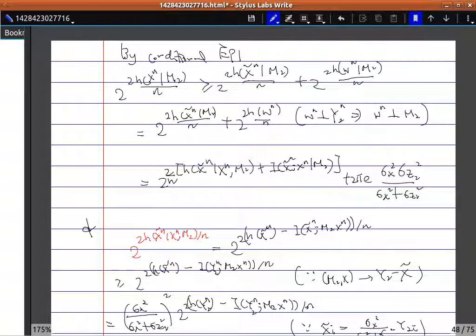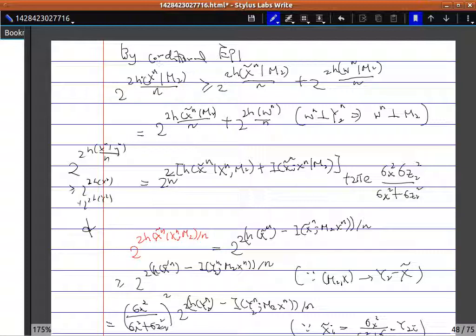The entropy power for a vector is just 2 to the 2 h(X^n) over n, and we have the entropy power inequality: 2 to the 2 h(X^n + Y^n) over n is bigger than or equal to 2 to the 2 h(X^n) plus 2 to the 2 h(Y^n), if X^n and Y^n are independent.